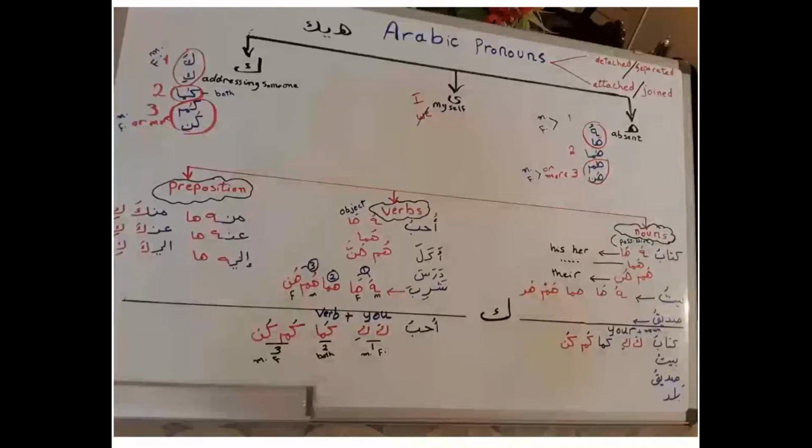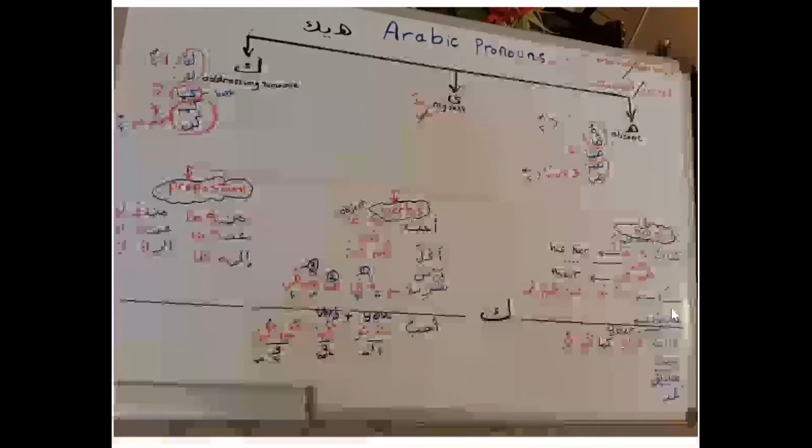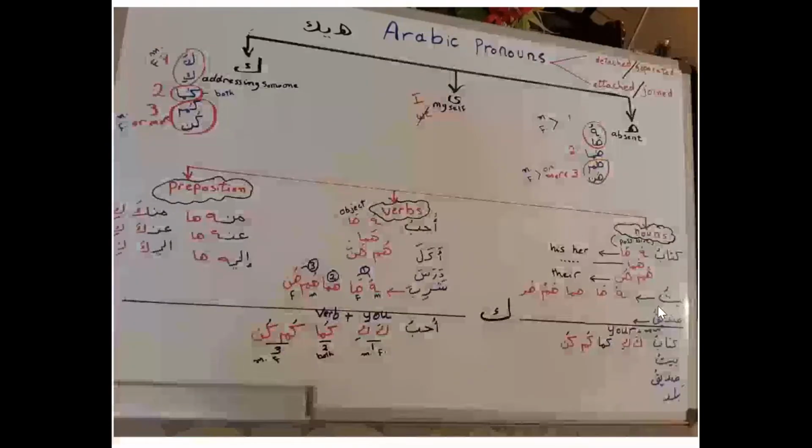There is another word. We take another example: bait. Bait means house. My bait or his bait.